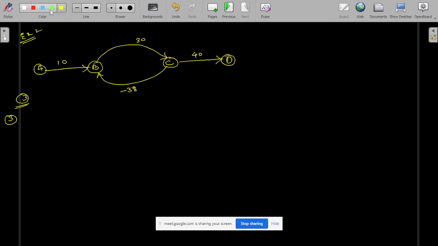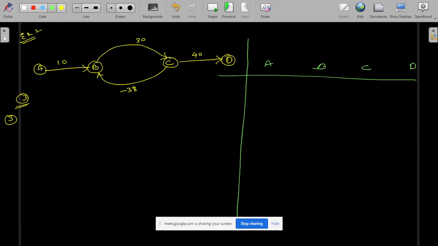See here, everybody observe now. What are the vertices? A, B, C, again D. Initially, what I told you, put everywhere: for this one 0, null.